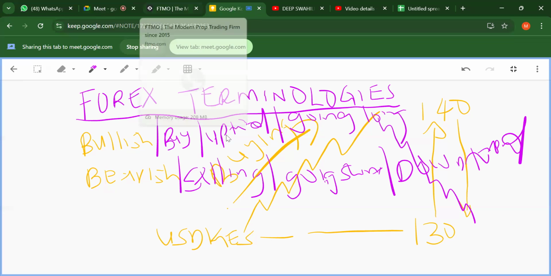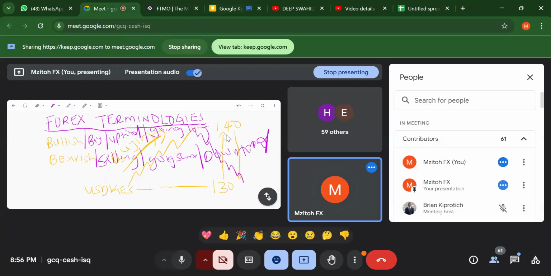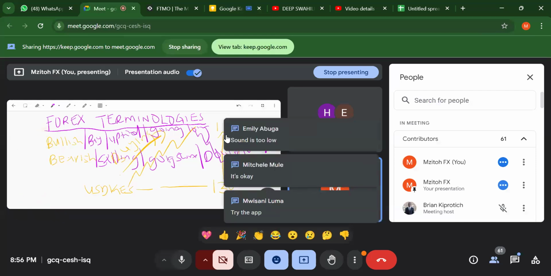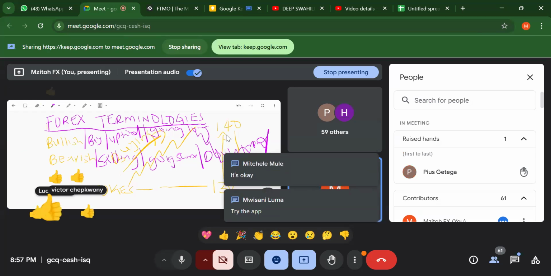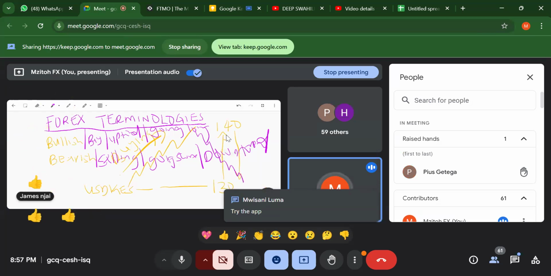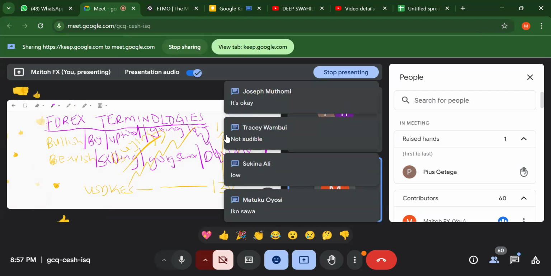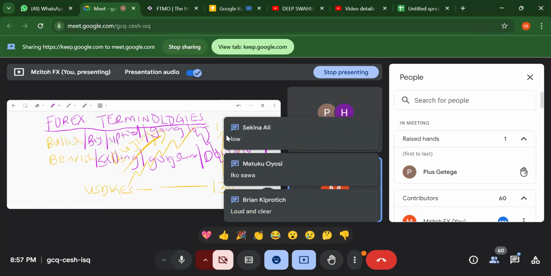The sound is low, eh? Is my sound clear? Kindly confirm. Is the sound too low? It is okay. Let's comment there. How is the sound? I don't have the app. I think today I joined directly via the link. It is okay. Not audible. Low. So we have mixed reaction. Not audible, not audible.